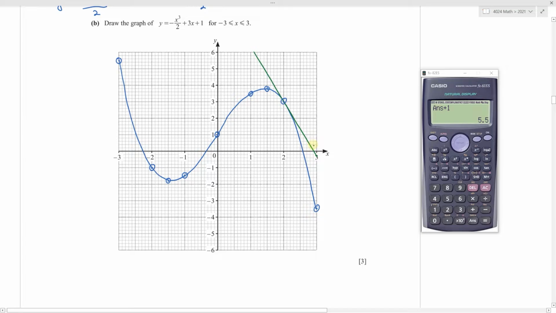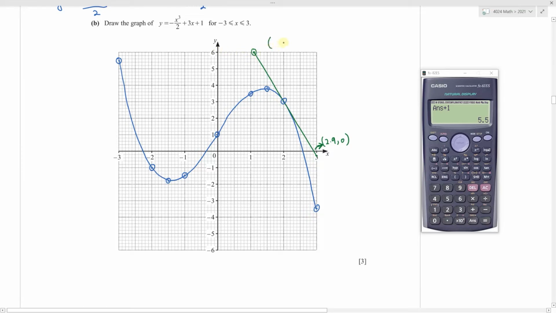Now we can take any 2 points on this line to find the gradient. So let's look at this x-intercept, which is at 2.9. This point here is 2.9 and 0. The x value is 2.9 and the y value is 0. And then we can take this value here at the end.